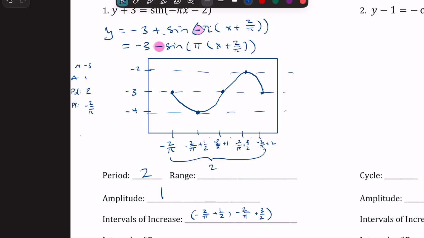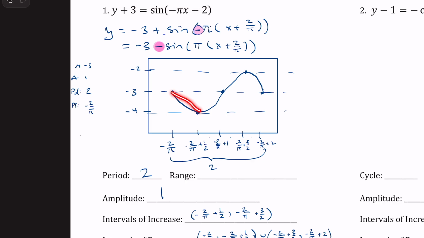And my decrease would be negative 2 over pi to negative 2 over pi plus 1/2, union negative 2 over pi plus 3/2, comma, negative 2 over pi plus 2. So essentially, what I'm saying here is that I'm decreasing here and I'm decreasing here. So that's between these two parts. And then I increase here, and that's between these two parts. Cool.